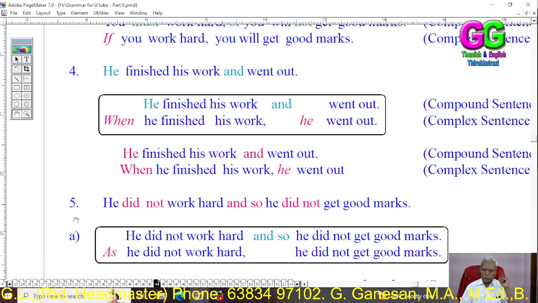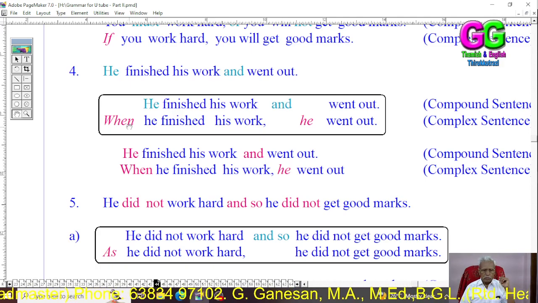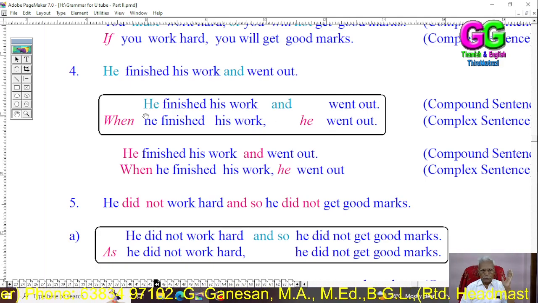Here I have used 'and' and 'when'. He finished his work and when he finished his work, he went.